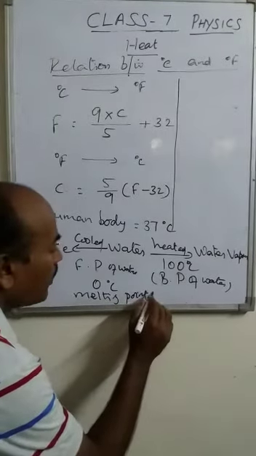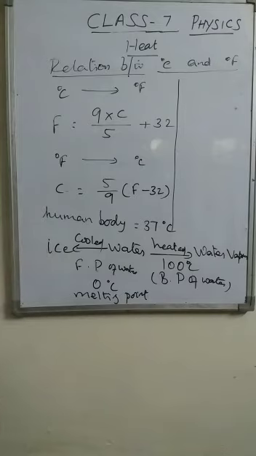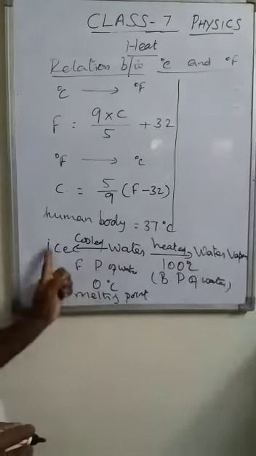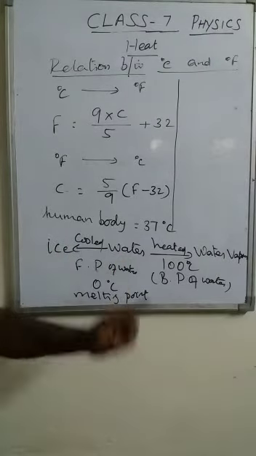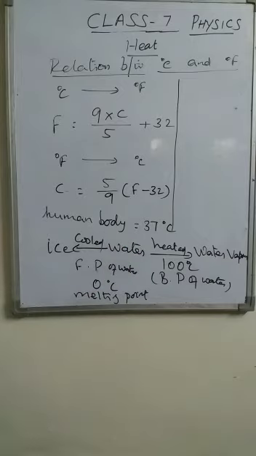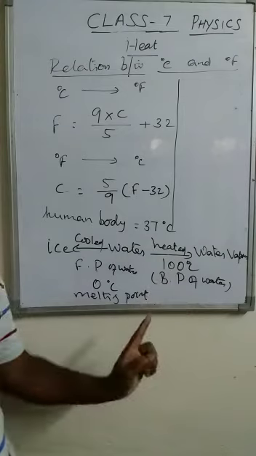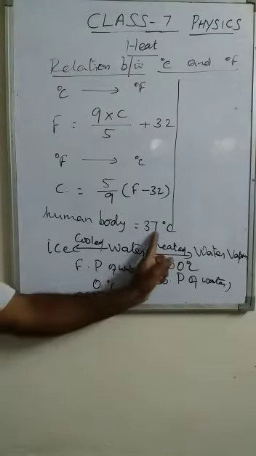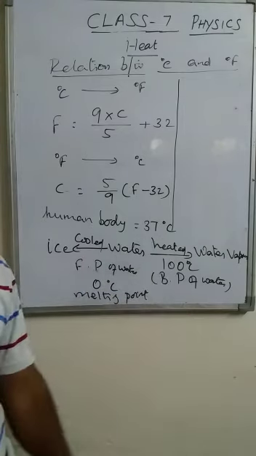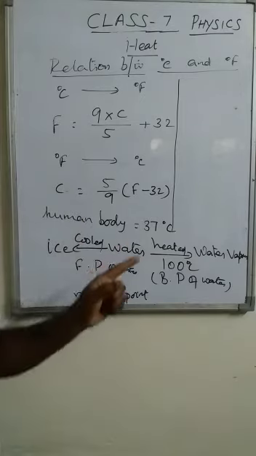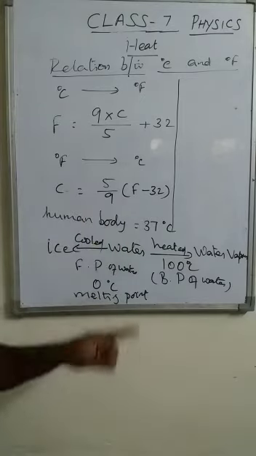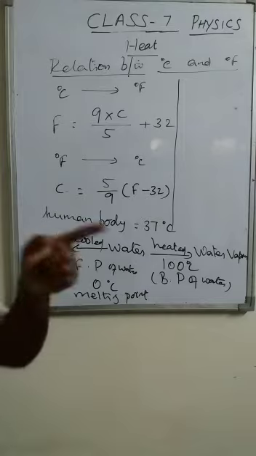So the melting point of ice is 0 degrees Celsius. The freezing point of water is also 0 degrees Celsius. So these are the standard temperatures, given in degree Celsius. But these temperatures can be changed from degree Celsius into Fahrenheit.